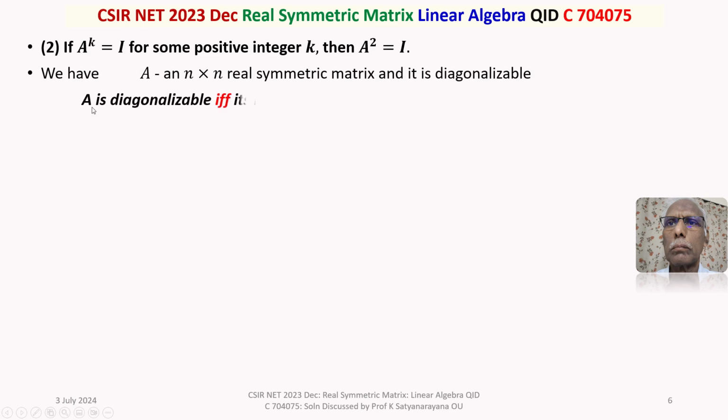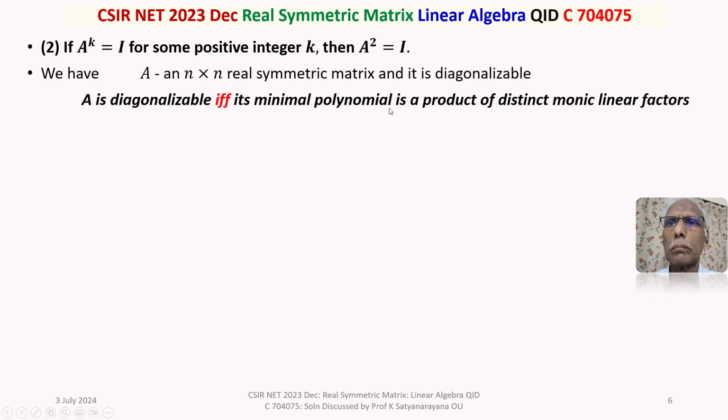The result is A is diagonalizable if and only if its minimal polynomial is a product of distinct monic linear factors. Monic means the leading coefficient is 1, linear factors means ax plus b type, and monic linear factors means it is of the type x plus a.